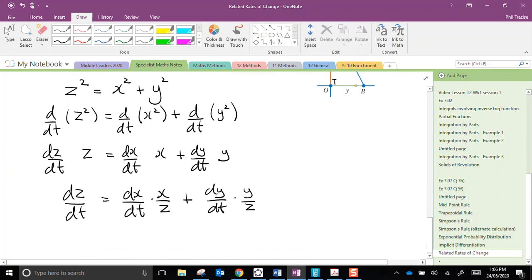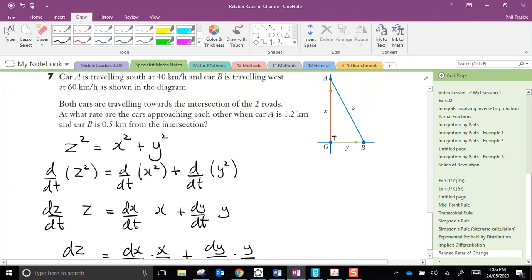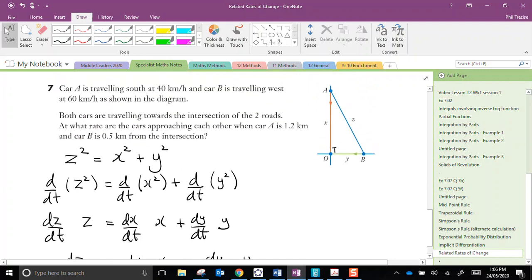Now, fortunately, I think we have the information for everything on the right-hand side of the equation. We were told that x equaled 1.2, y equals 0.5. Using Pythagoras and recognising a 5, 12, 13 triangle, we would say that z equals 1.3 kilometres.